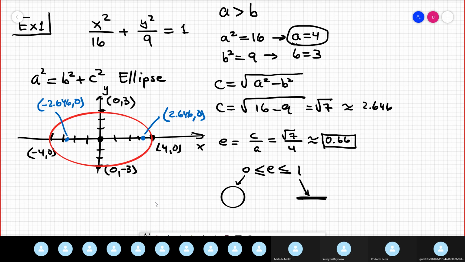The co-vertices 0,3 and 0,-3. Sometimes we call it co-vertex, sometimes endpoint of the minor axis. It's the same. And the foci are located at radical 7,0, which in decimal is 2.646,0 and negative 2.646,0, and the center is 0,0.